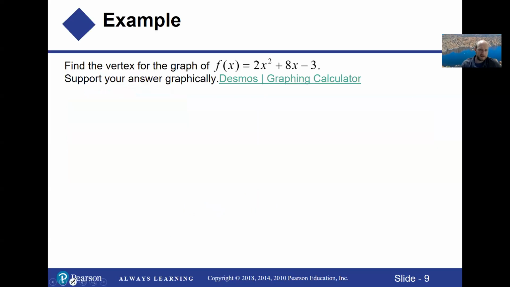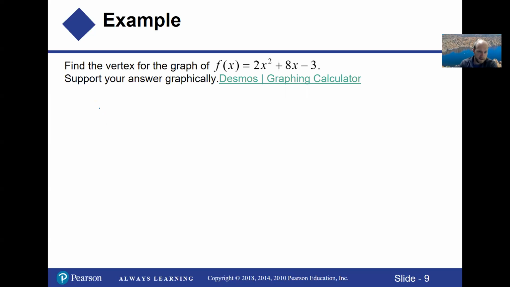So let's go ahead and practice that a little bit. Find the vertex for the graph of f of x is equal to 2x squared plus 8x minus 3. And we're going to support our answer graphically, so we are going to go into Desmos to do that as well.